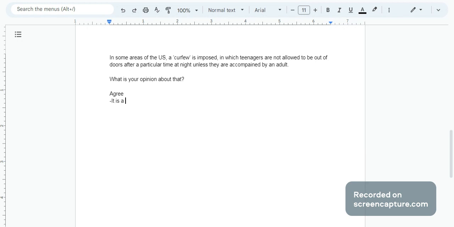We are going to write a rough intro of our point of view one.